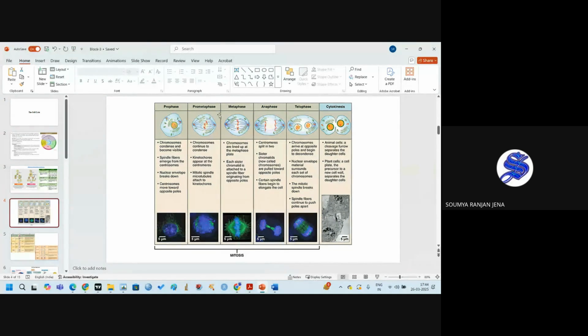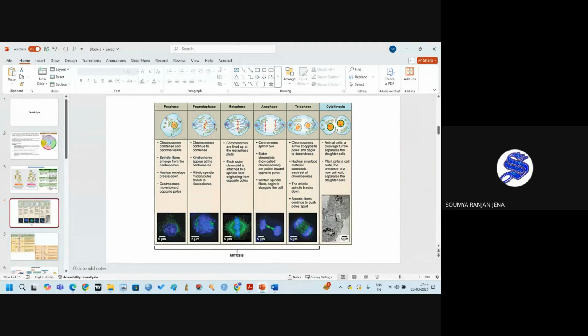And in prometaphase, the chromosomes continue to condense to form a chromosome in the central axis of this spindle fiber, and the kinetochore appears at the centromeres.